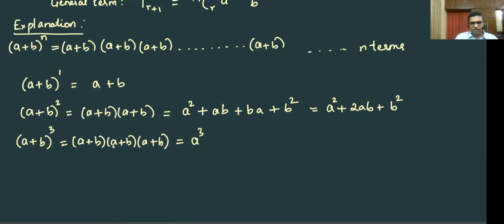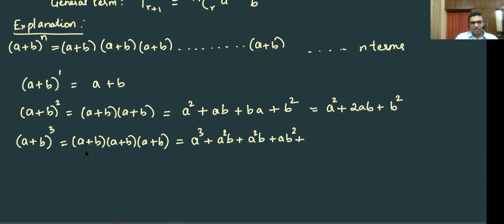A gets multiplied with a and it gets multiplied with b, you will get a square b. Then a multiplied with b multiplied with a, b multiplied with a multiplied with a, you again get a square b. Then a b multiplied with b, you get ab square.